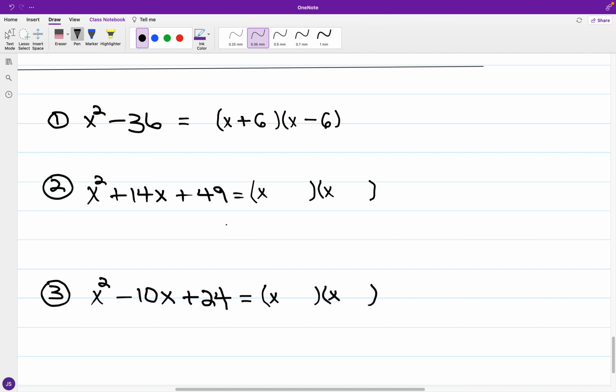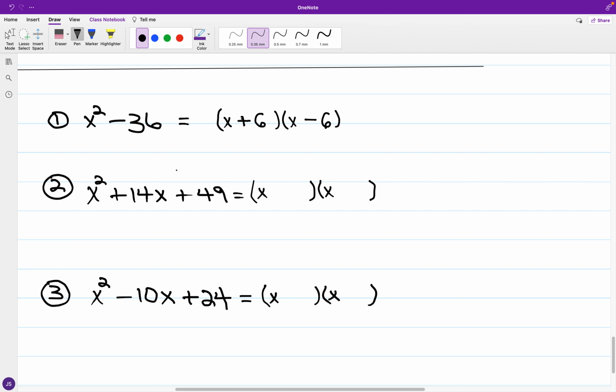Alright, now in the case of x squared plus 14x plus 49, x squared we have going to x and x, and factors of 49 that will add up to 14. Now for, let's say, the natural number factors of 49, you have 49 and 1. However, 49 and 1 add up to 50, and the other natural number combination is going to be 7 and 7.